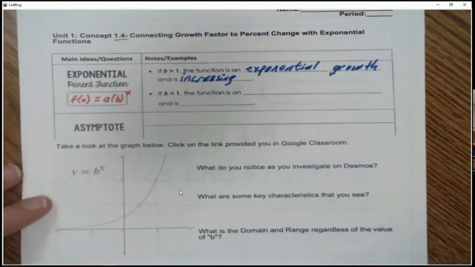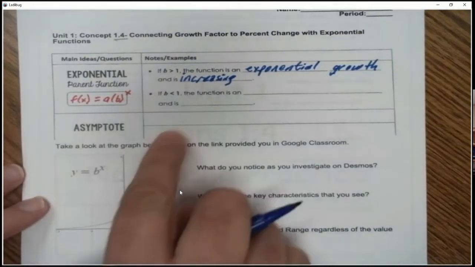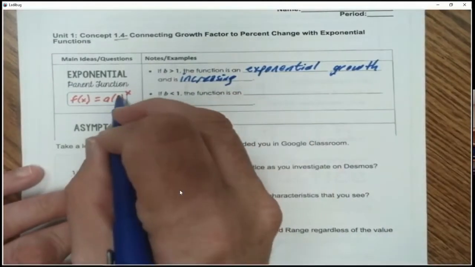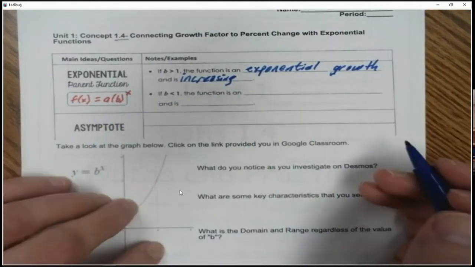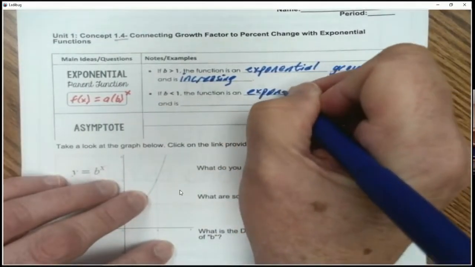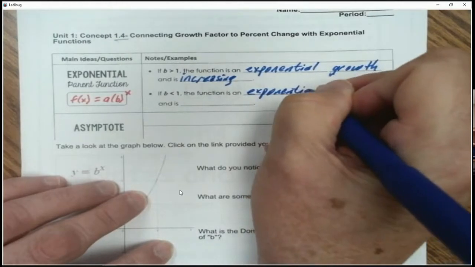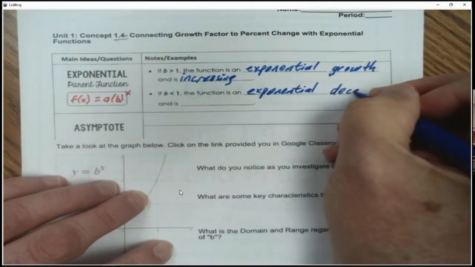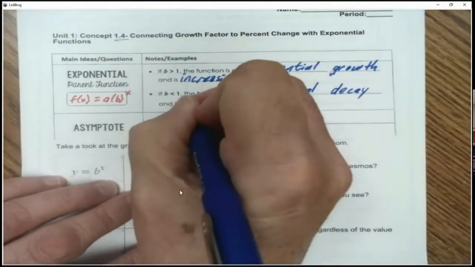All right, kind of like this graph here, exponential growth, increasing. If b is less than 1, that number in there is a fraction because it's less than 1. This is exponential decay, right? And it is decreasing.